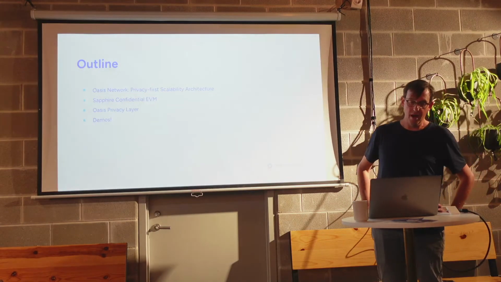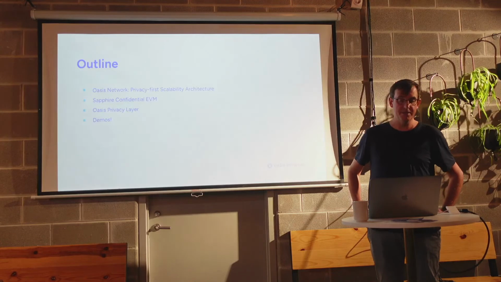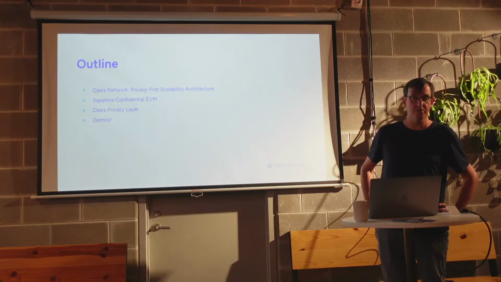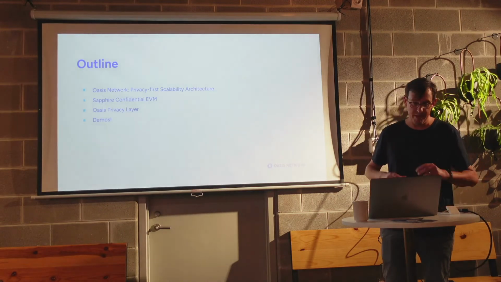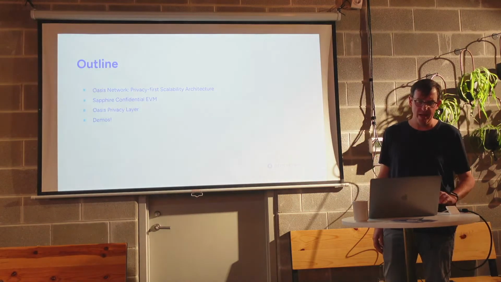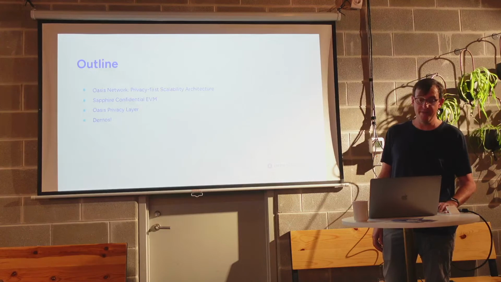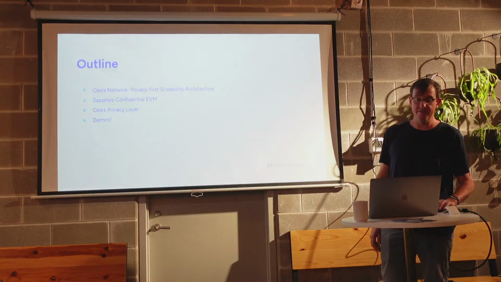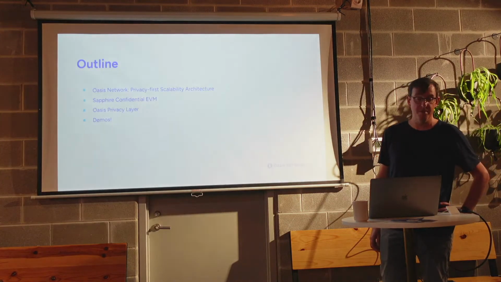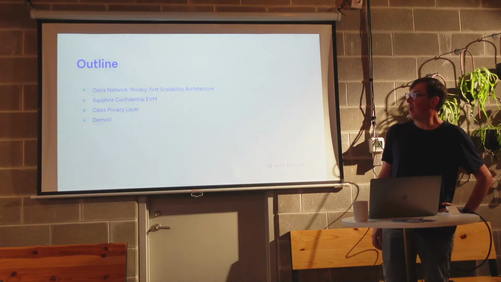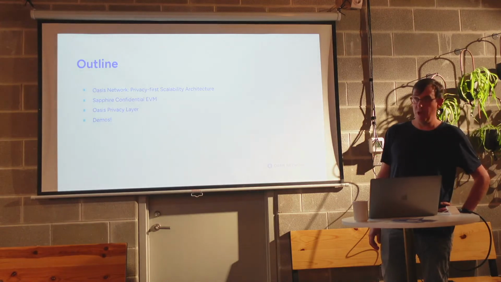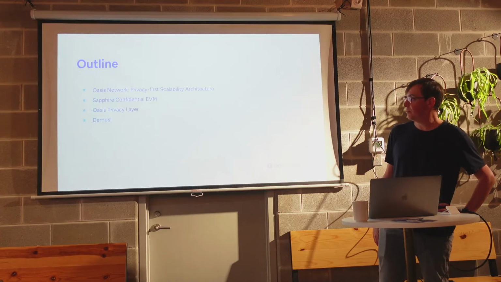Then I'll talk about one of the key technologies that powers our offerings for privacy-focused Web3 applications: the Sapphire Confidential EVM. Then I'll talk about how applications that run on any EVM chain can leverage the Sapphire Confidential EVM for the privacy-sensitive parts of their applications, through the Oasis privacy layer. And then both Mateusz and C will share some cool technical demos.